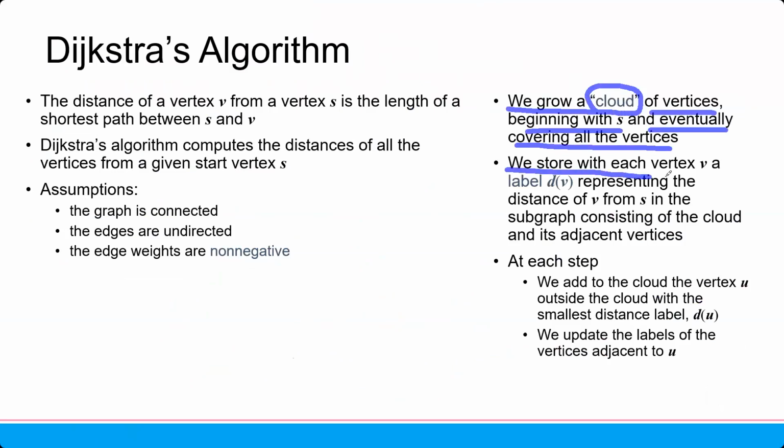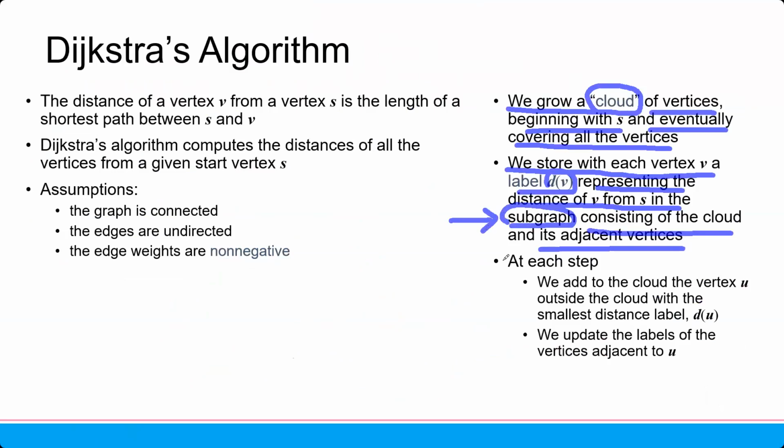We store with each vertex v a label d(v) representing the distance of v from S in the subgraph. Okay, so if we have a graph, we will look for every possible subgraph consisting of the cloud and its adjacent vertices.